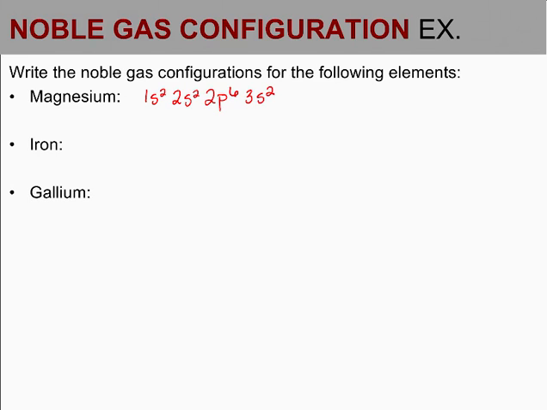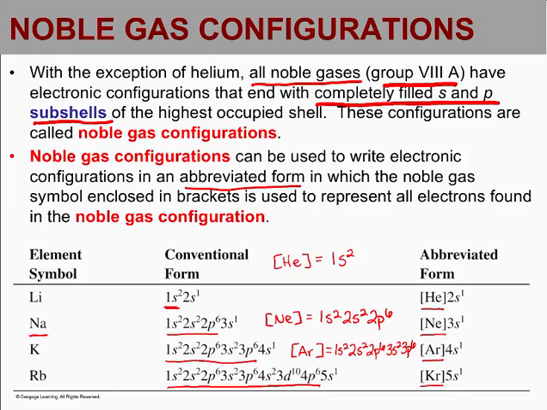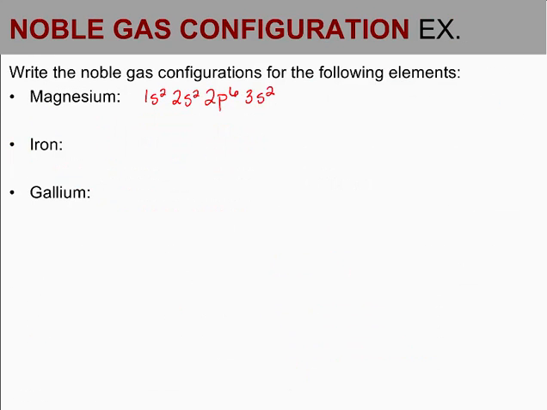Now, if you have your periodic table handy, you'll notice that if we go up a row and over to group 8A, the noble gases, the noble gas that comes before magnesium is neon. Remember that neon's electron configuration is 1s2, 2s2, 2p6. So we can substitute neon in for part of magnesium's electron configuration. So we would have neon in brackets followed by 3s2.